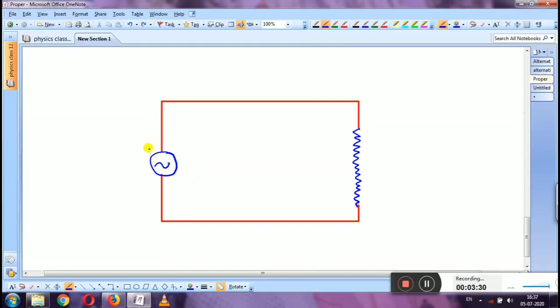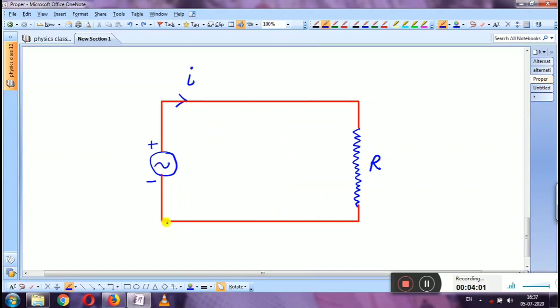So what we are considering, we will consider that at a time positive terminal of AC or positive polarity of AC will be this side and negative will be this side. The value of this resistor, or we can say the resistance of this resistor, is suppose R. At any time, if positive polarity is on this side, then alternating current at that time would be flowing in this way in the circuit.